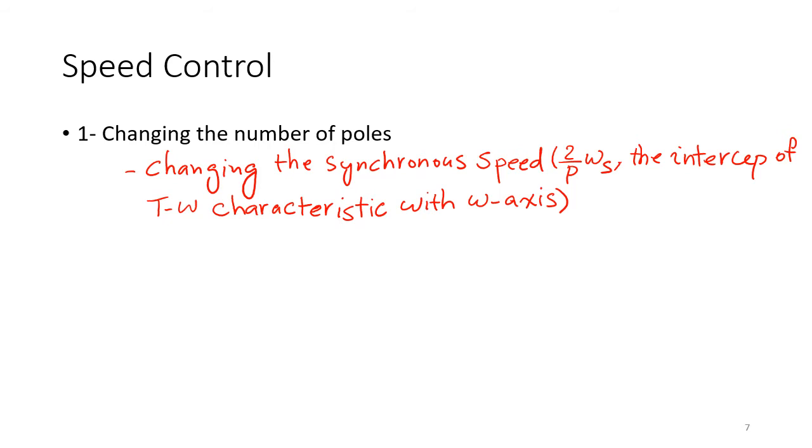The problem is that it can only be used in cage motors, because in the wound rotor you would need to also change the number of poles in that rotor, and it gets very expensive, sometimes very hard to do. So this solution is only good for cage motors.